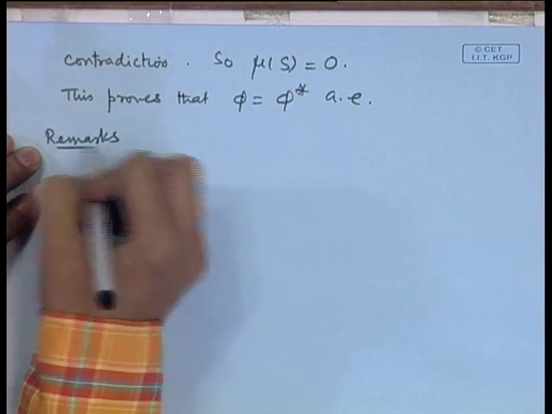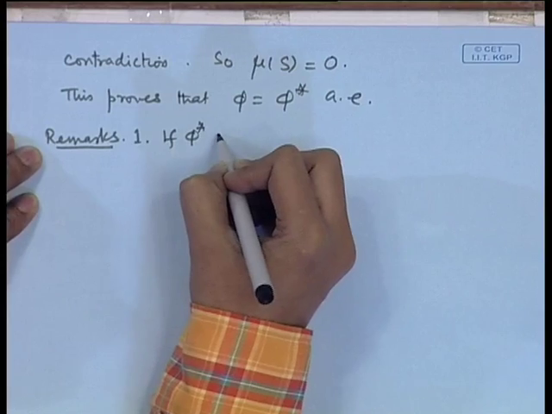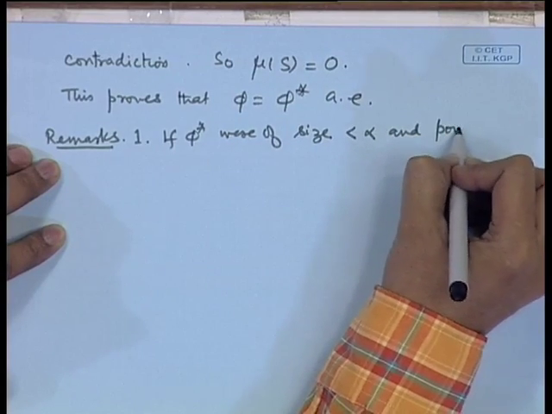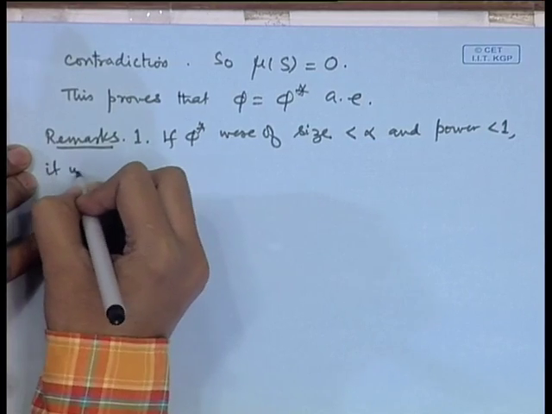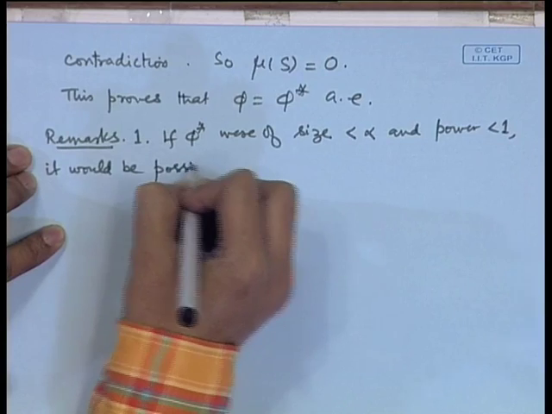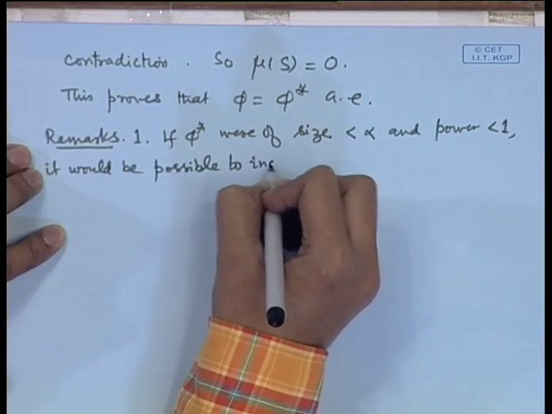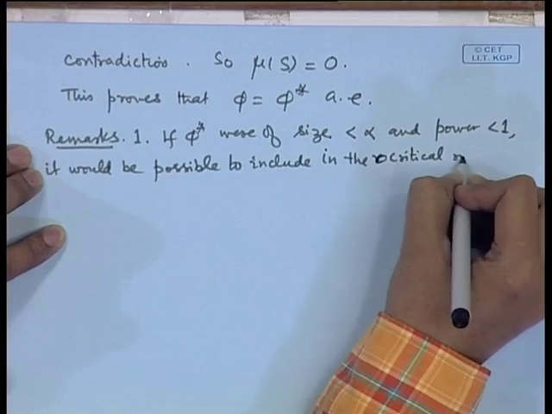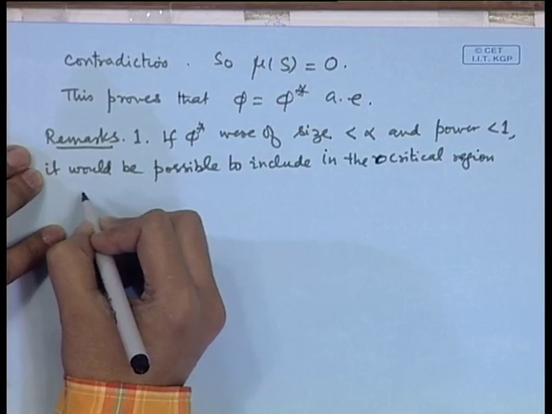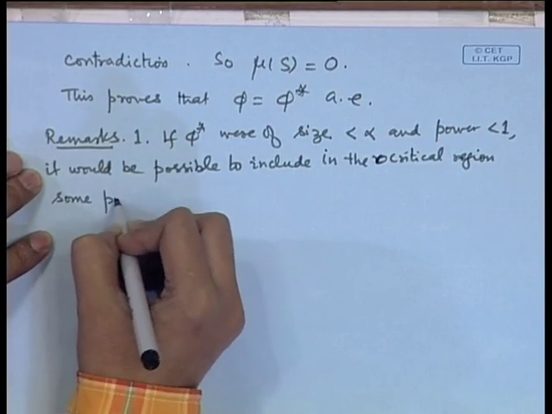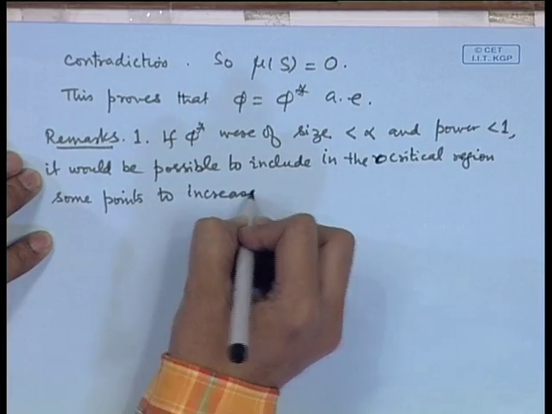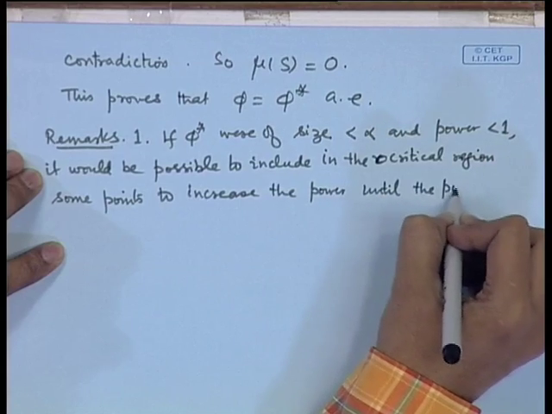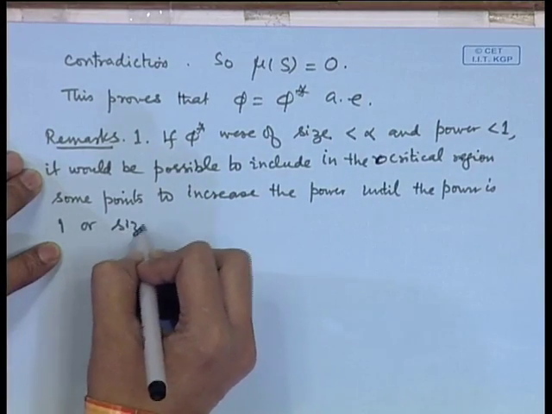Let me give a few remarks here. If phi star were of size say less than alpha and power less than 1, it would be possible to include in the critical region some points to increase the power until the power is 1 or size is 1.